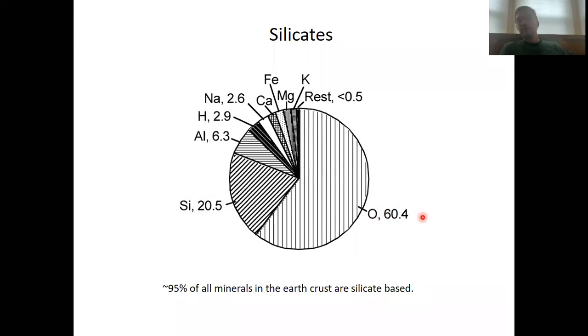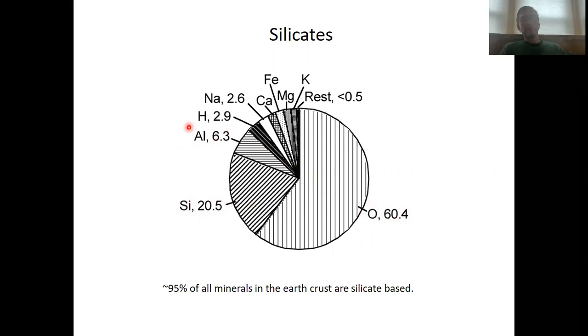So we have 60.4 weight% of oxygen in the Earth's crust and 20.5% of silicon. Most of that oxygen is not in the atmosphere or in the water, it's actually bound as silicates within the solid part of the Earth's crust.